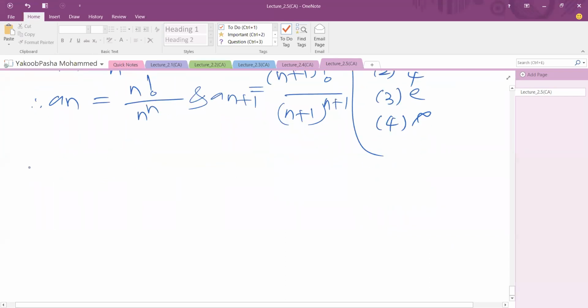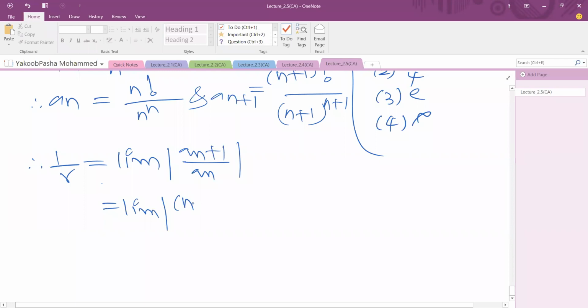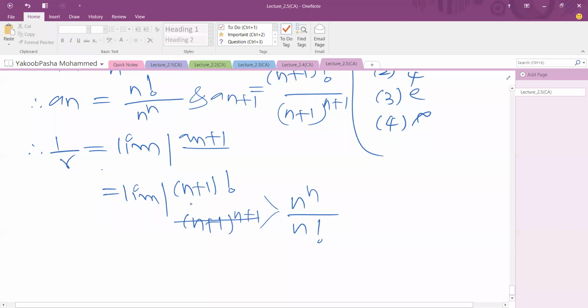So the radius of convergence 1 by r is equal to the limit as n tends to infinity of modulus of a_(n+1) by a_n, that is the limit of (n+1) factorial divided by (n+1) whole to the power of n+1, times n power n by n factorial.